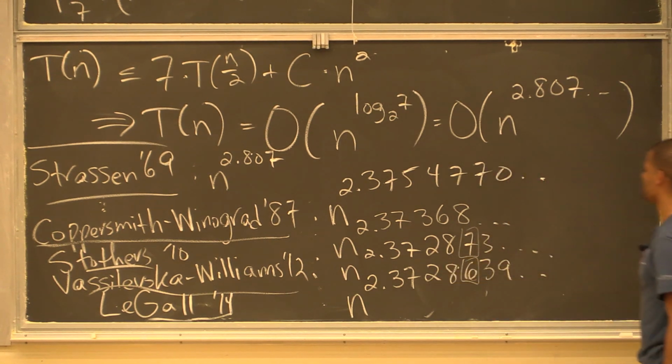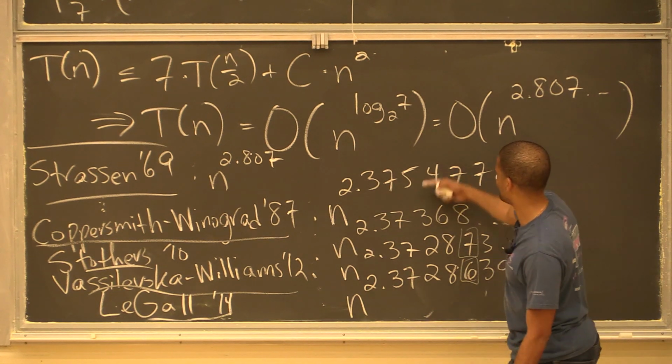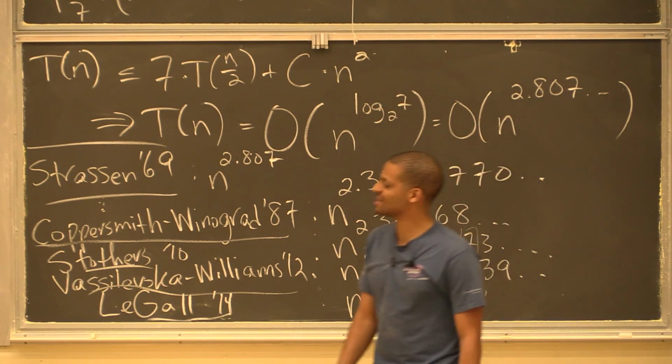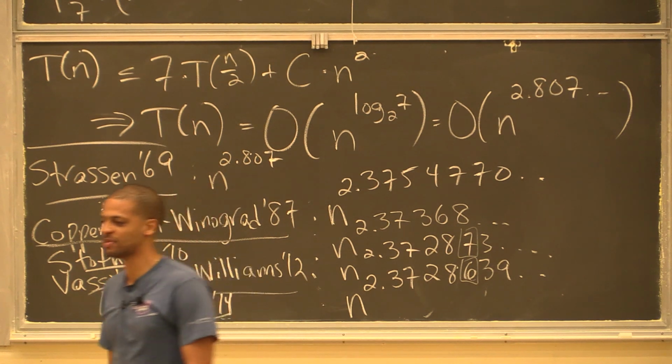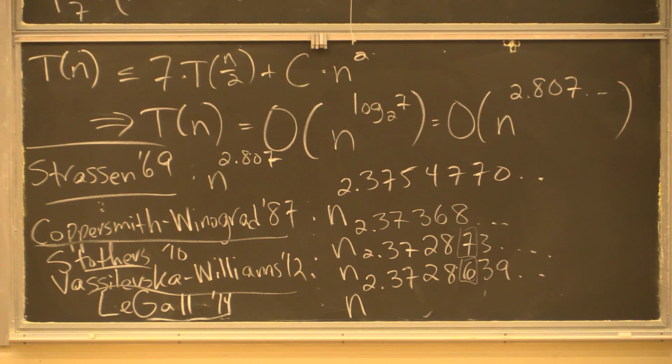And note all of these are pretty close to Coppersmith and Winograd, if you haven't noticed, but that's where we are right now. Okay, so matrix multiplication is still, unlike integer multiplication, which is essentially a solved problem now, something where we still have no idea what the best algorithm is.